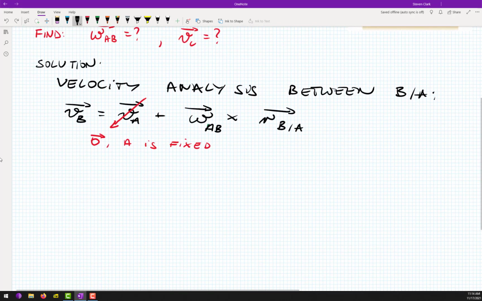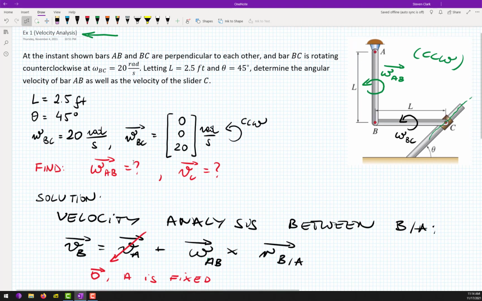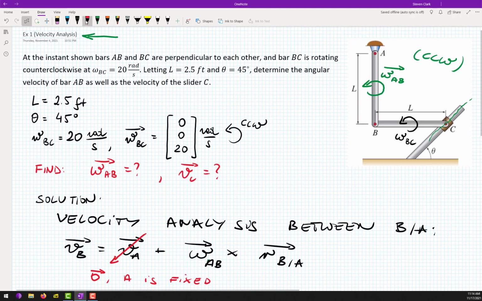So our VB is equal to 0, 0, omega AB, recall that we assumed positive direction, times this vector RBA. I must draw it first on the picture. So I believe that RBA will be this red vector.